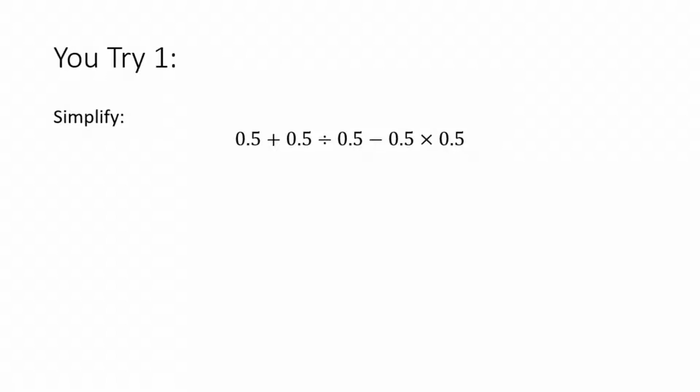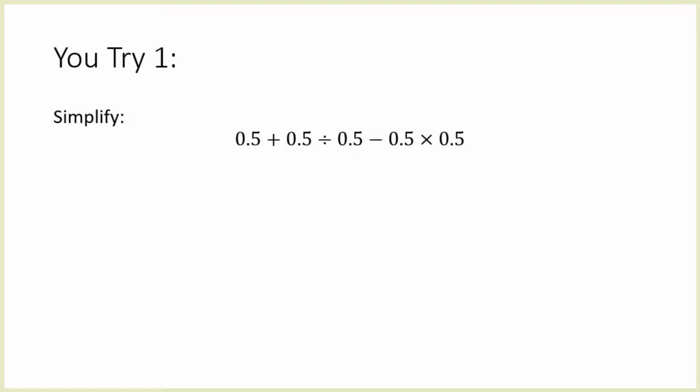Now that you've tried that one on your own, let's do it together. So remember the order of operations. I look for any parentheses. Looks like I don't have any. Next comes the exponents. Also don't have any. Then after that, multiplication and division from left to right. I have 2 sets of multiplication and division, so I'm going to do that first.